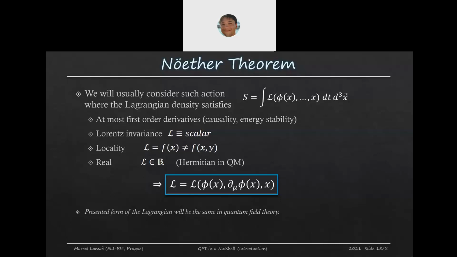So the action is basically the phase of some exponential in these probability amplitudes, and these are complex values. But if the action wasn't real, if it was complex, then what the hell is a complex action? That would be insane, right? So this is sort of a heuristic argument for why it should be real.